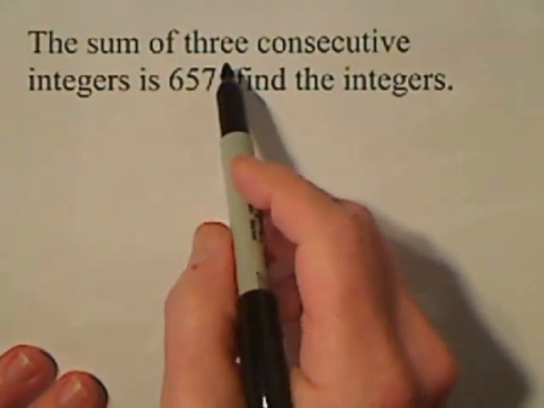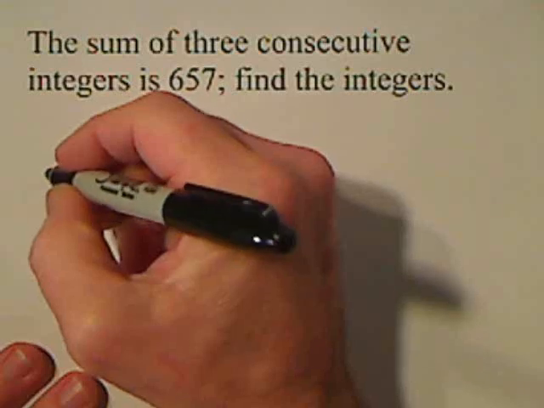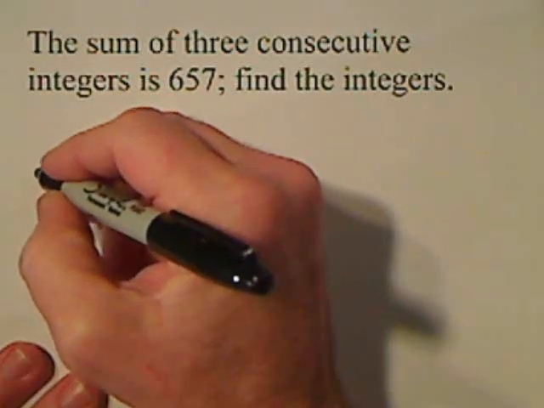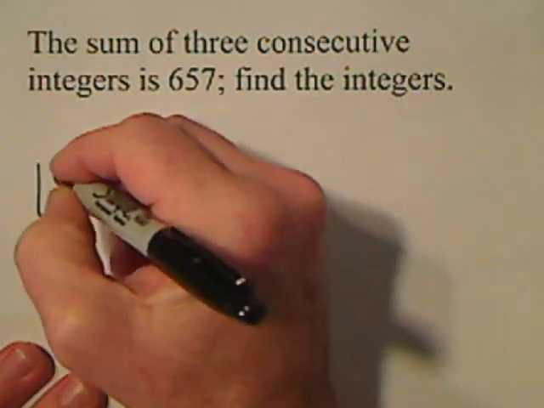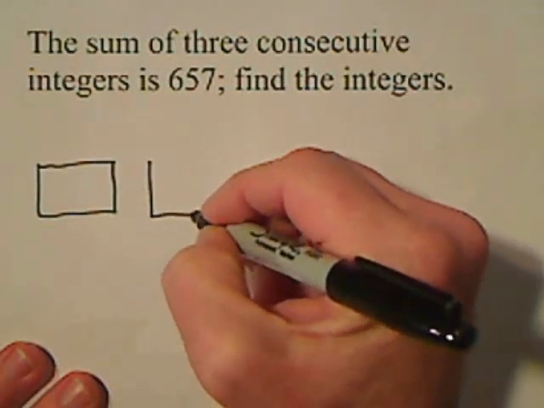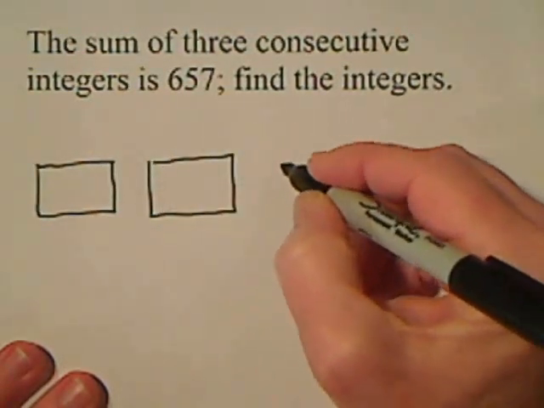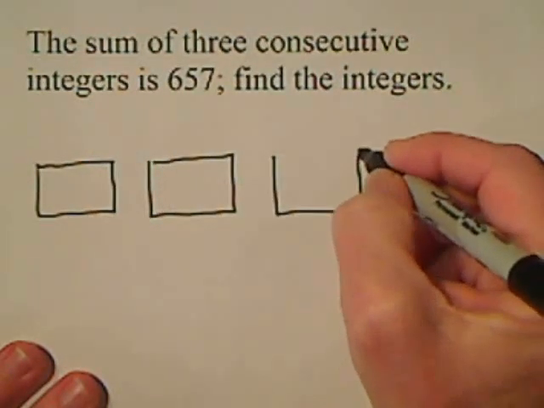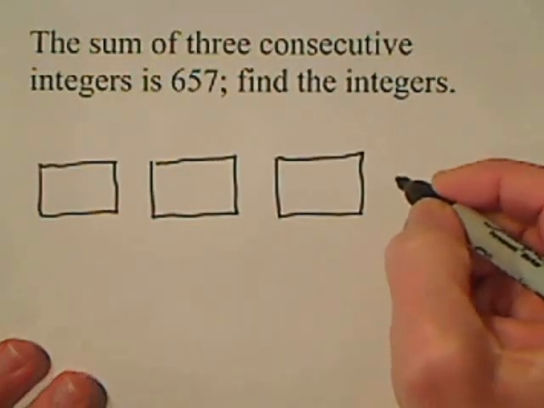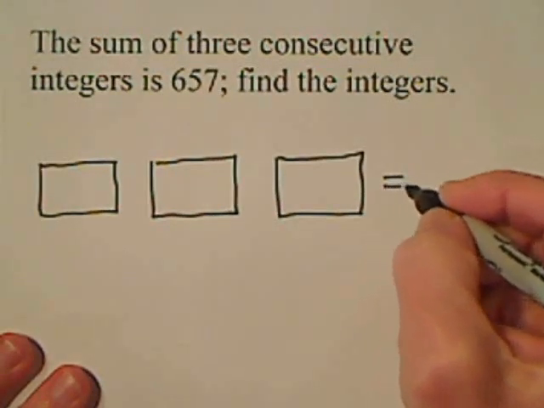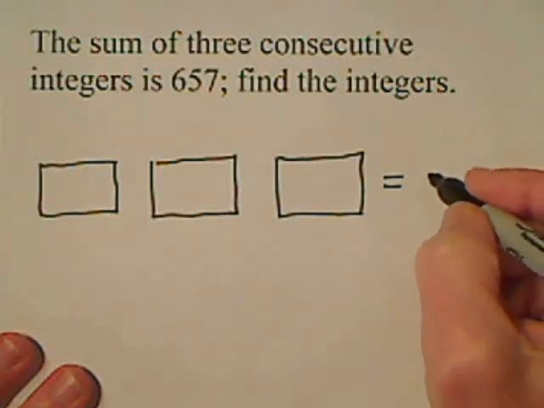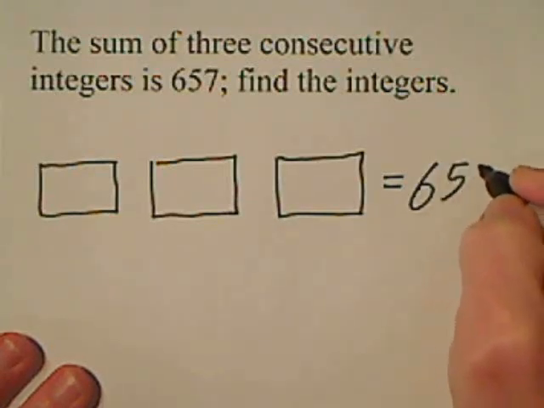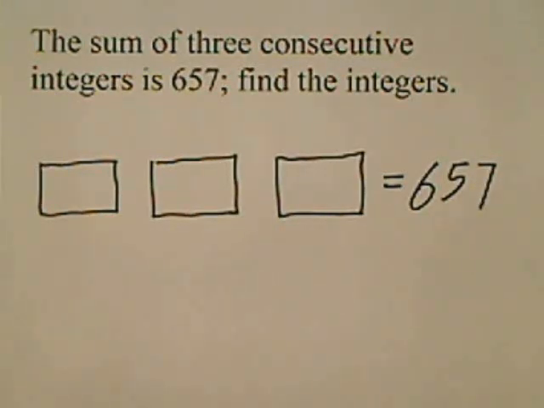Since there's three of these integers, I'm going to use three boxes to indicate that. So here's my first one, my second one, and my third one. And if I add them all together, I get 657.